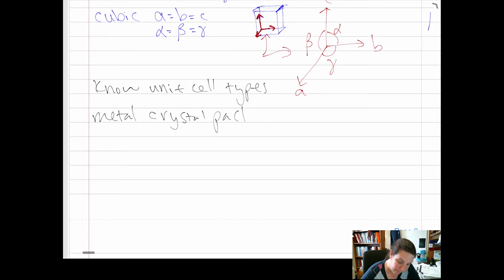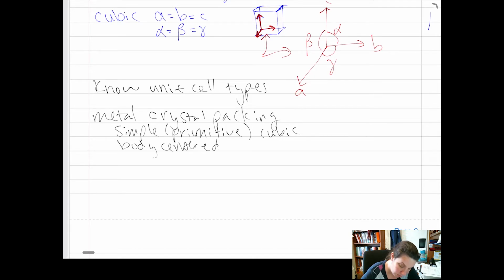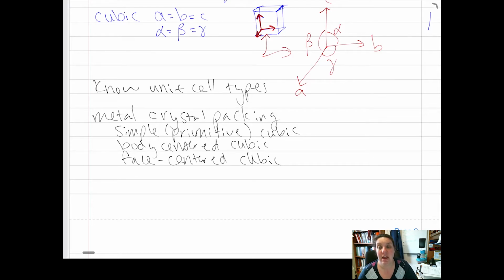So if we have a metallic solid, it'll be simple or primitive cubic, body-centered cubic, or face-centered cubic.